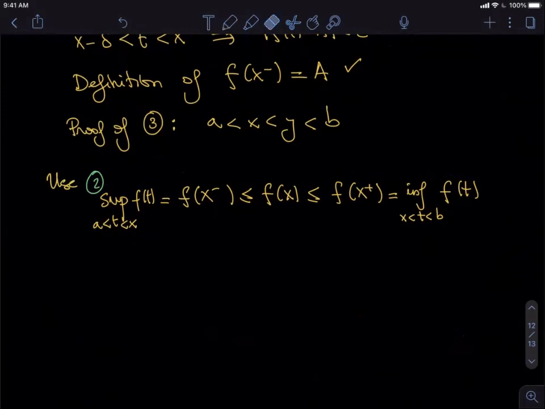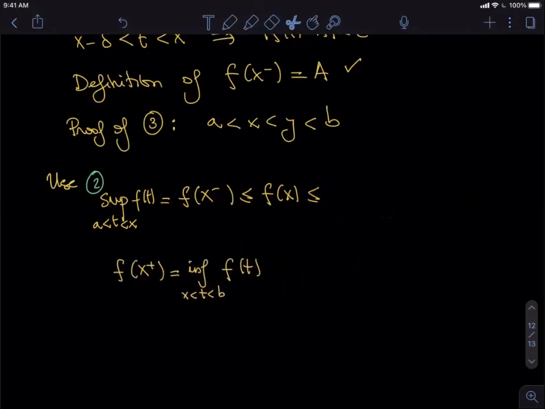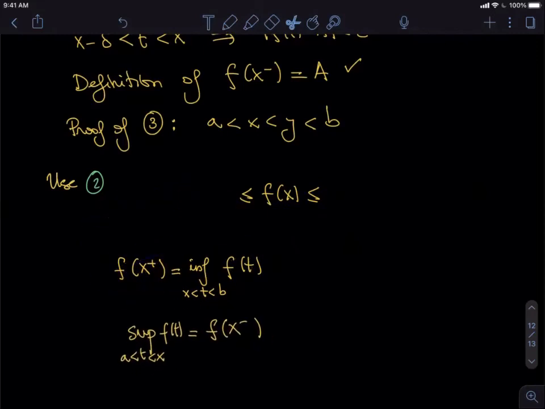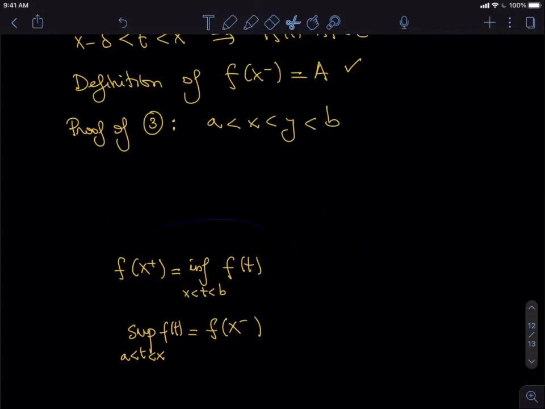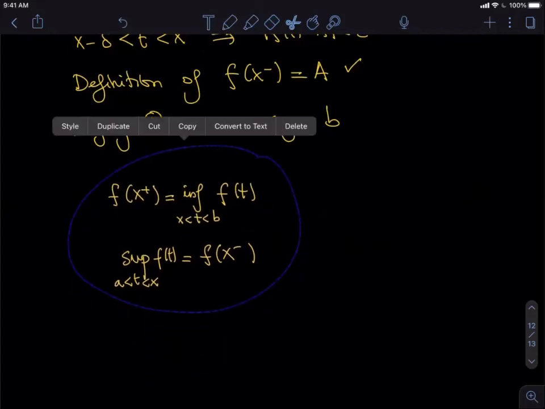So here what we are going to do, we just take this piece over here and this piece over here. And we are going to apply it, one to x, the other one to y.